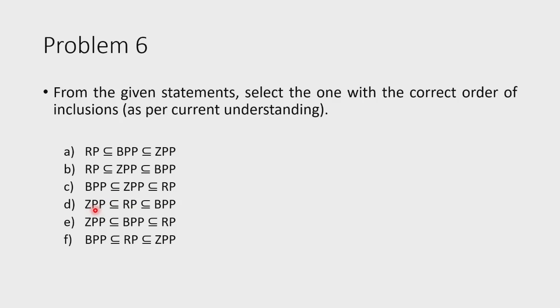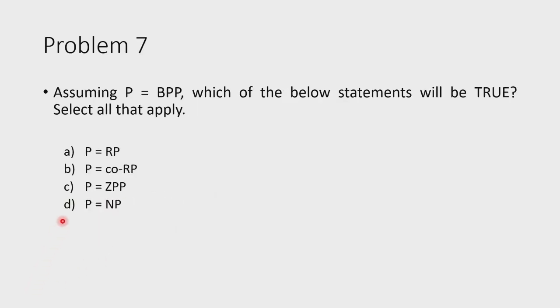The fourth option is ZPP is contained in RP, which is contained in BPP. The fifth option is ZPP is contained in BPP, which is contained in RP. The last option is BPP is contained in RP, which is contained in ZPP. So what's the answer to this one? Option D: ZPP is contained in RP is contained in BPP. This is just a recall question. There is nothing to explain over here.